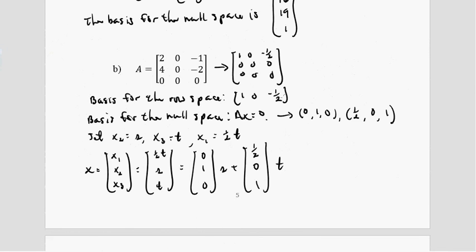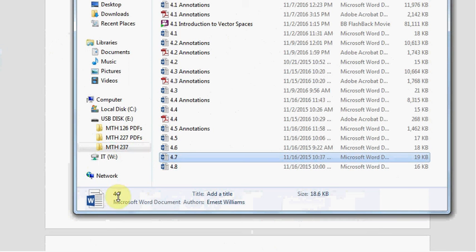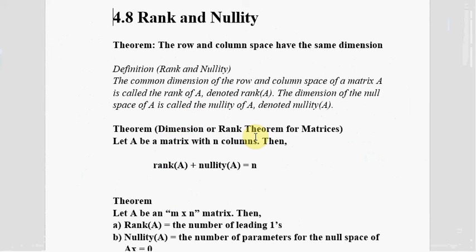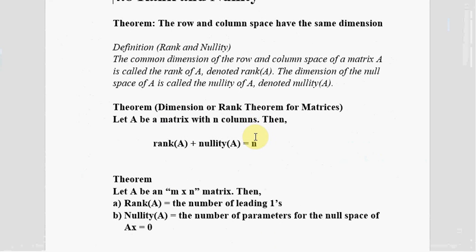So I'm through with this. The rank and the nullity. The rank is the number of vectors in the row space. And the nullity is the number of vectors in the so-called null space. So it's almost like really that dimension is the rank, if you will.